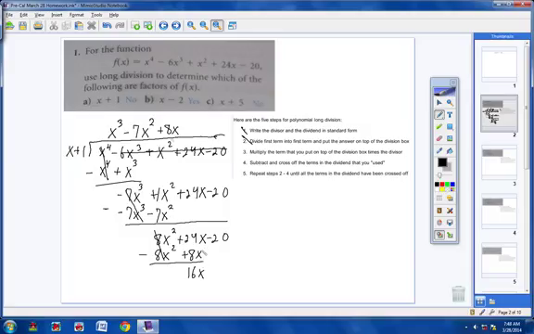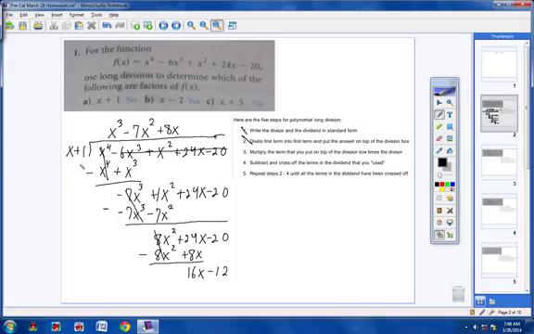And let's see here. No, that's wrong. Yes, that's correct. 24 minus 8 would be 16x. Bring down your negative 20. And now let's continue on.